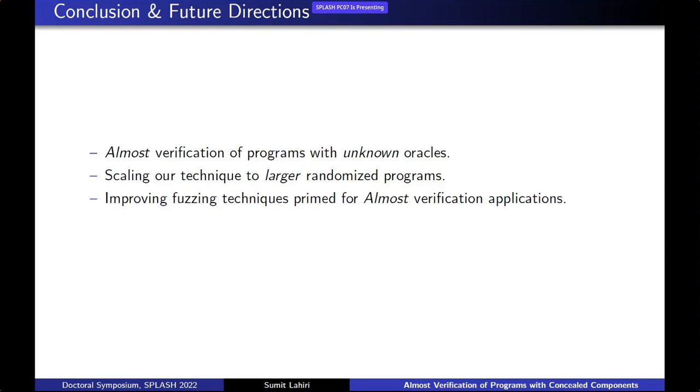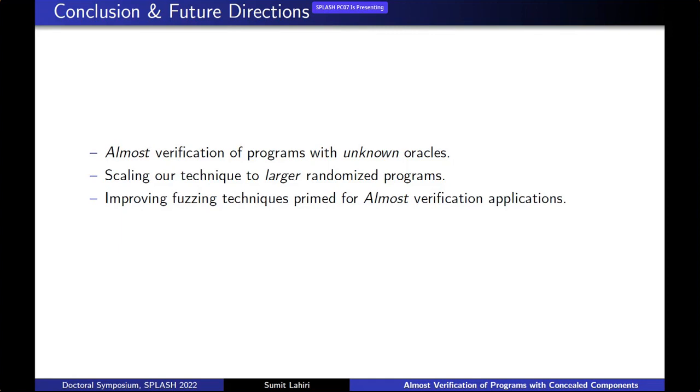Okay, the way we defined almost in the very first work was modulo the fuzzing time that we had. We did a study where we took simple regular programs, especially the benchmarks that were already present in Code2Inv, and saw how well we work on those.